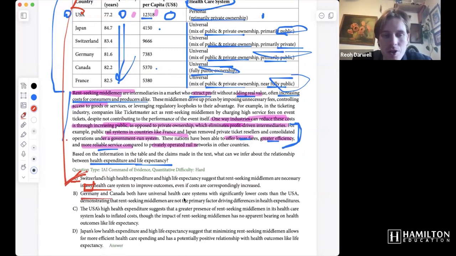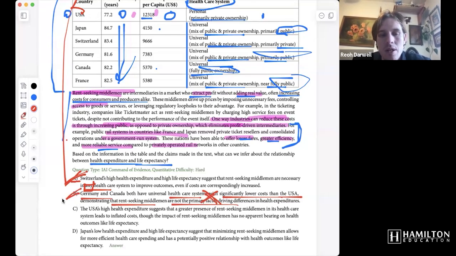B, we have this part being true. They have universal healthcare systems with significantly lower costs than the USA. Good. But then, demonstrating that rent-seeking middlemen are not the primary factor driving differences between expenditures, what on earth could point that out based off of that information? Okay. So half of it works, half of it doesn't work.